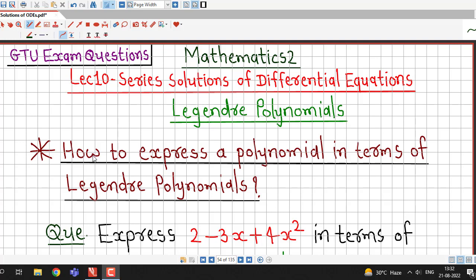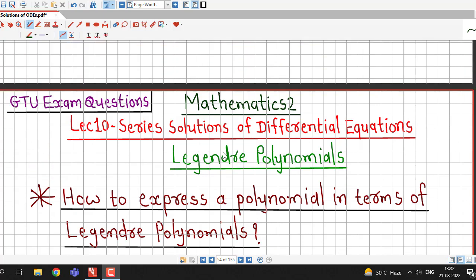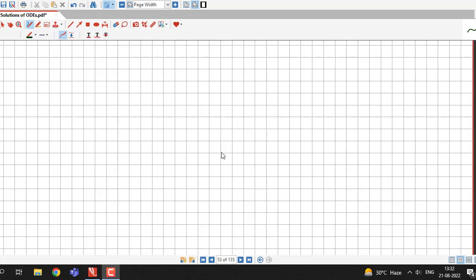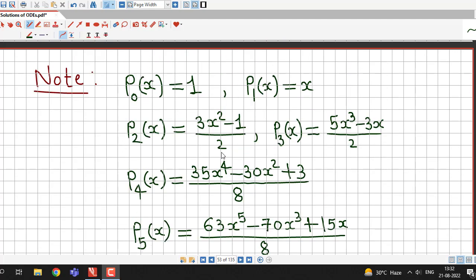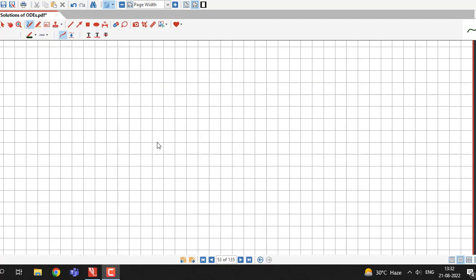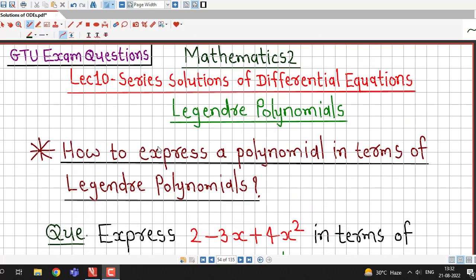From the last 2 or 3 lectures we are discussing Legendre polynomials. In the previous lecture we saw the general formula for Legendre polynomials, and using that formula we derived the first 5 Legendre polynomials. Sometimes we will require these expressions for questions of this type.